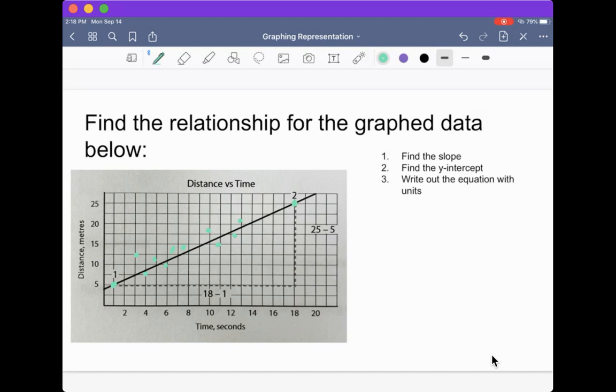Okay, that's called parallax. But it is a source of error, and error always occurs in the lab. So a line of best fit is basically an average of all of those plots that you have plotted. So when you're looking for slope, you have to make sure that the plots that you're calculating your slope are actually located on the line.